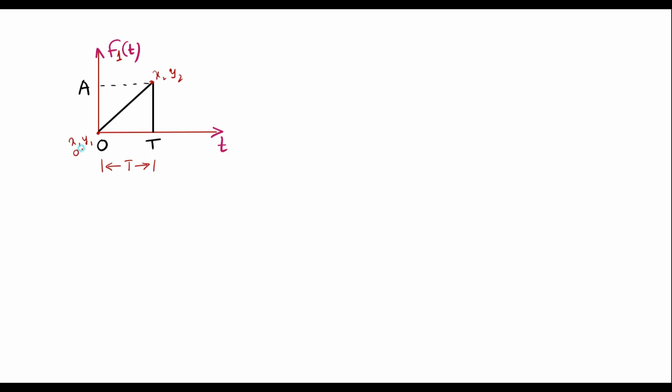Here x1 is 0, y1 is 0, x2 is T, y2 is A. Slope equals y2 minus y1 divided by x2 minus x1, so A minus 0 divided by T minus 0, that is A by T. The slope of the ramp signal is A by T.